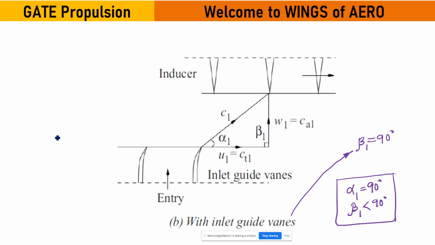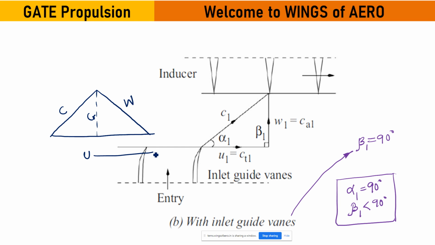This is the horizontal line. Please draw along with me, so it will be easy to memorize. Here I am writing W, CR or CA, you can write.